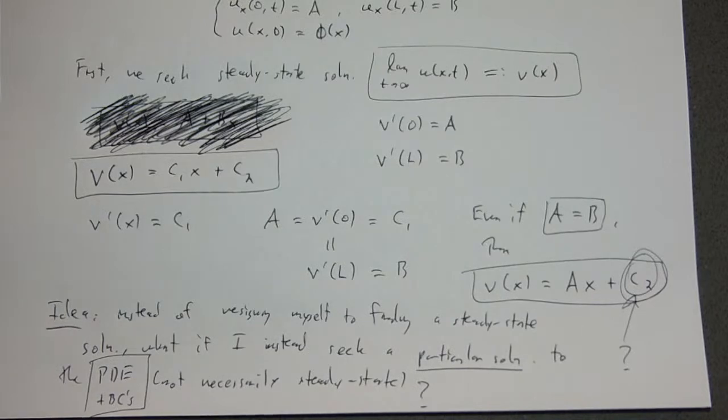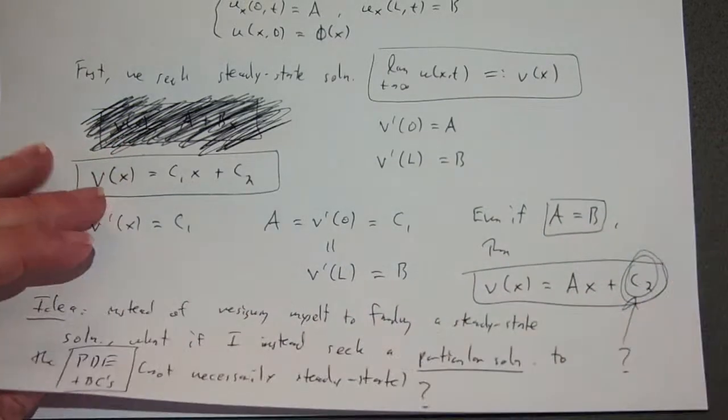Well, how do I do that, right? So I think about the PDE for a second and I ask myself whether or not it makes sense to seek solutions in a particular form, right?